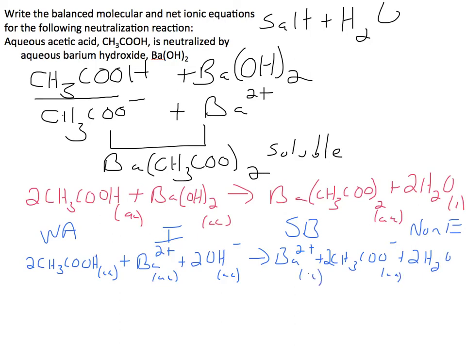Alright, and so then the last thing we need to do is to write that net ionic equation. We need to cancel what's on both sides, which is going to be the barium.